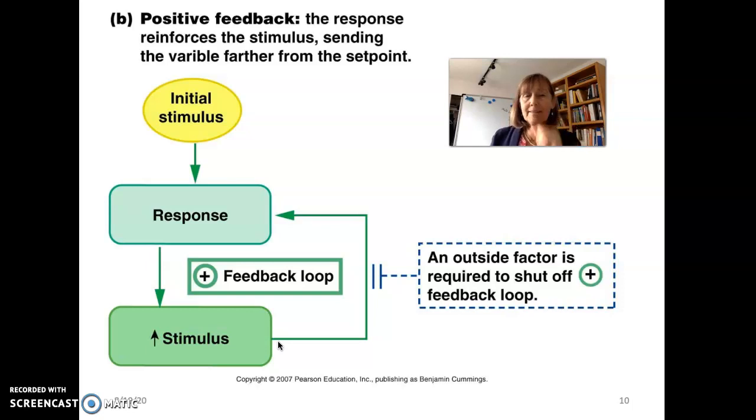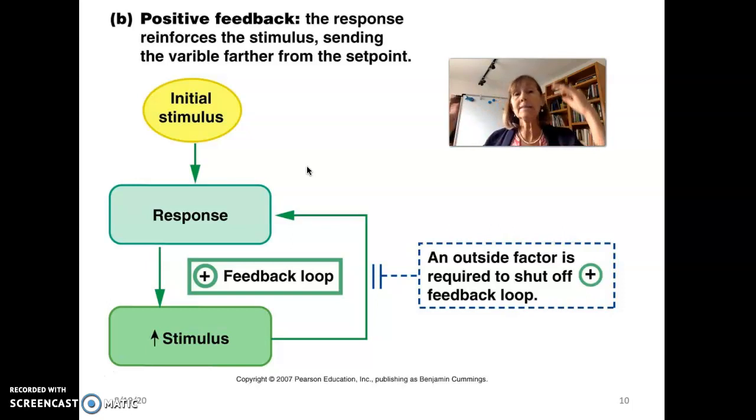The classic example of this is during delivery. So here's a mom delivering, and she's releasing oxytocin. Oxytocin is going to increase the contractions of the uterus. And the actual contractions are going to release more oxytocin, which then contracts more, which then releases more oxytocin, which then contracts more.